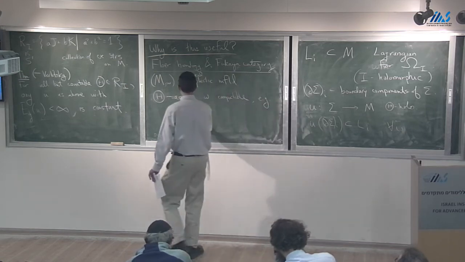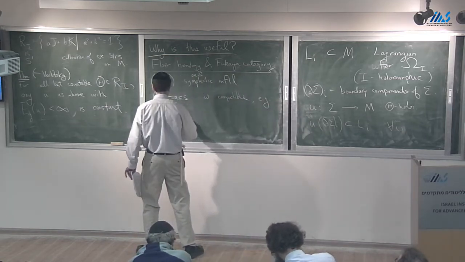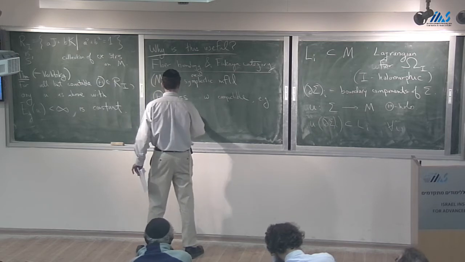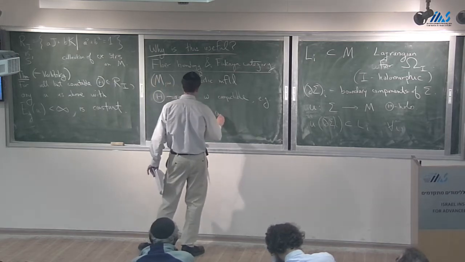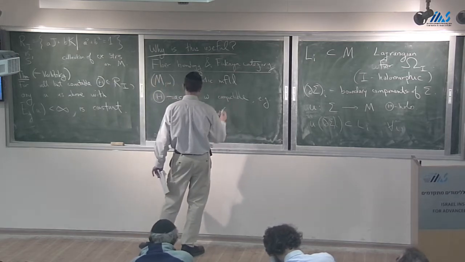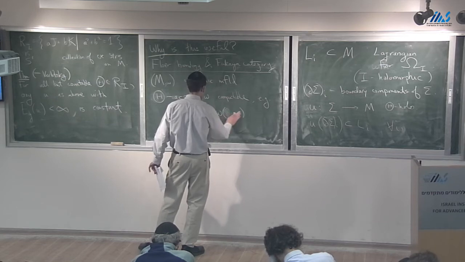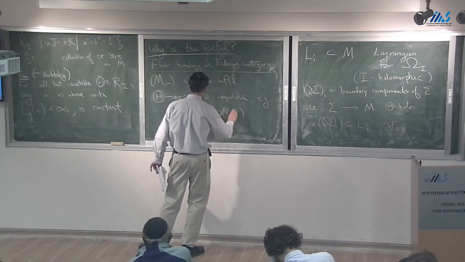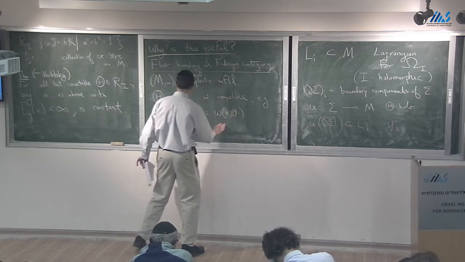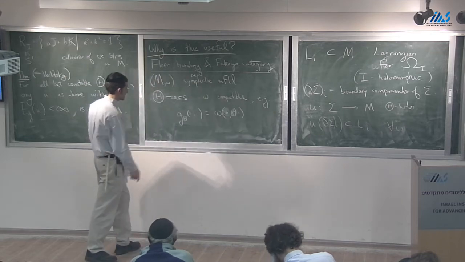So that means that g theta, which is equal to omega of theta and stuff, the other way around, is a Riemannian metric.